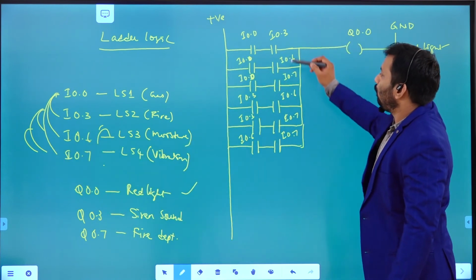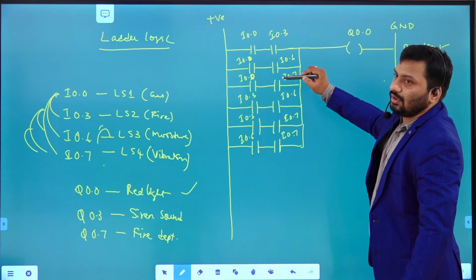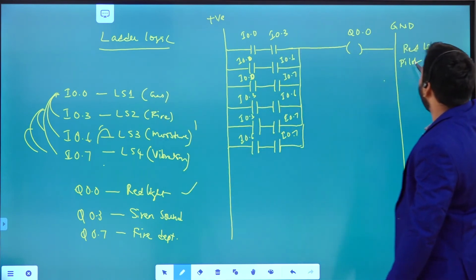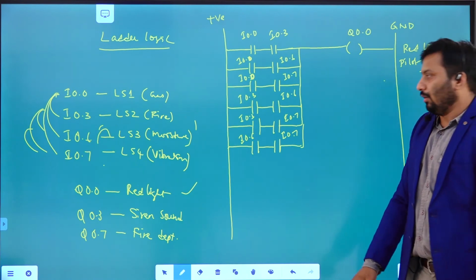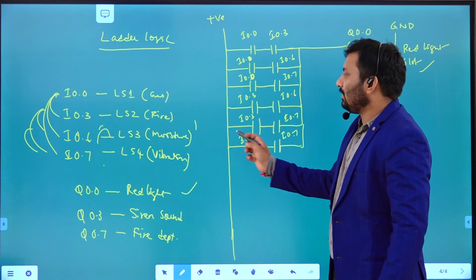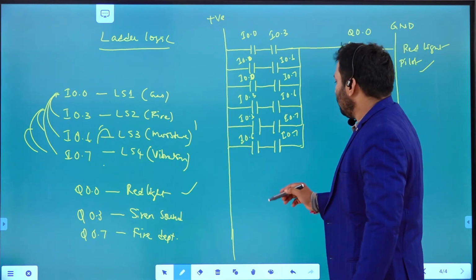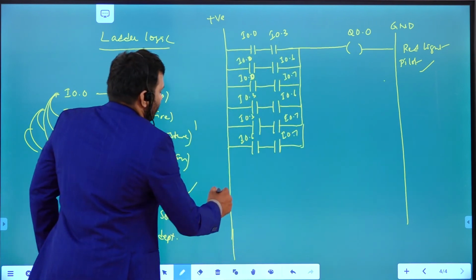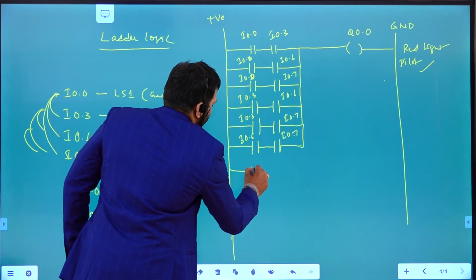These are the possible combinations. Any two are high, then red light should be on, right. So the other one: if any three are on, then what will happen? It should give siren sound, right. Any three.